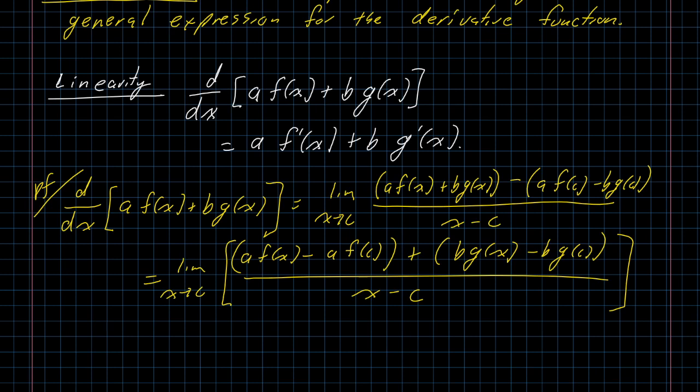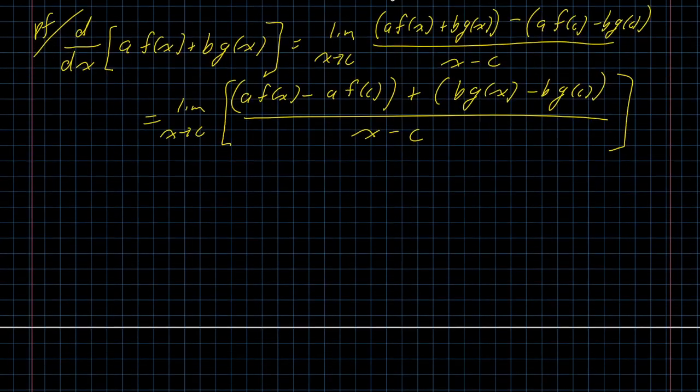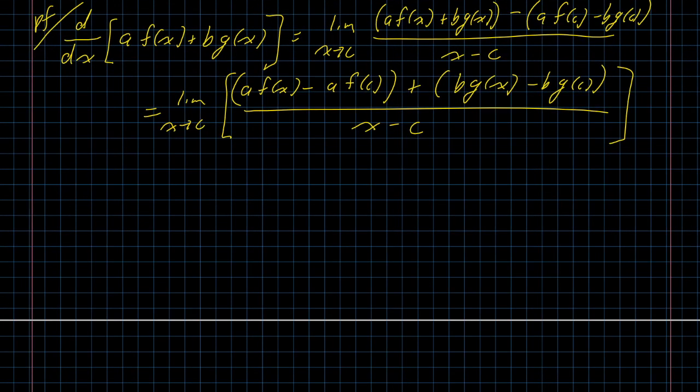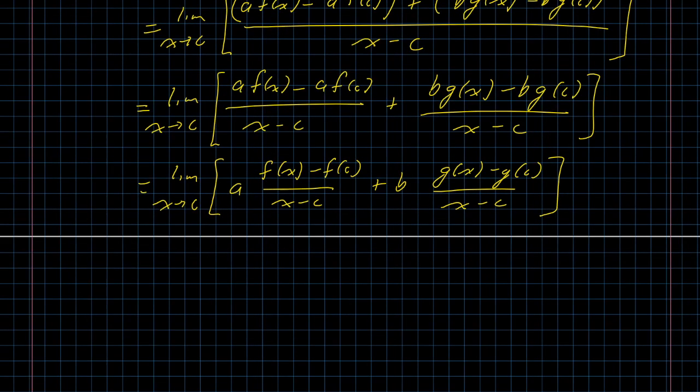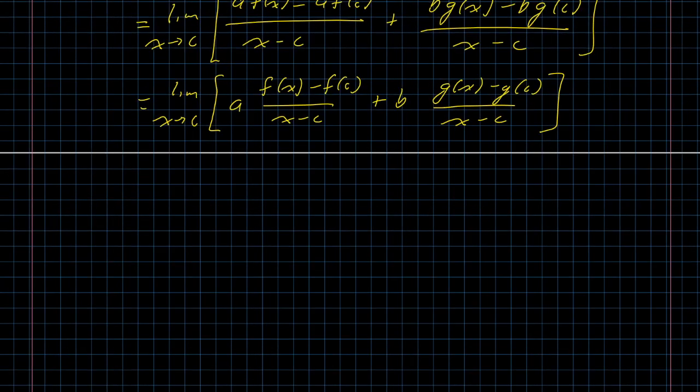Starting with our limit definition of the derivative, we can rearrange all of the terms in the numerator to get everything involving f together, get everything involving g together. From there, we can split up the fraction. We can factor a out of the first fraction, we can factor b out of the second fraction, and then we can use the linearity of the limit to split this up.